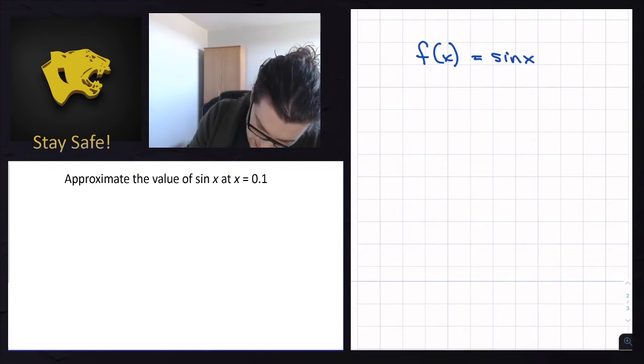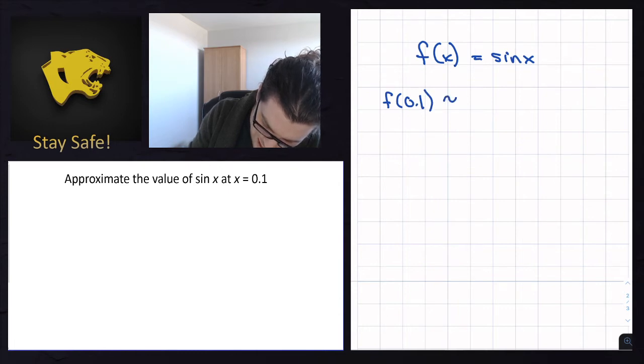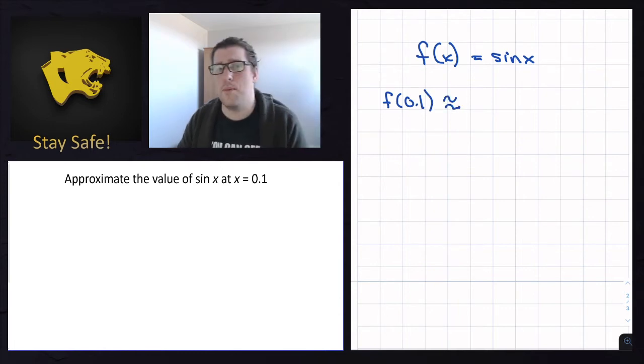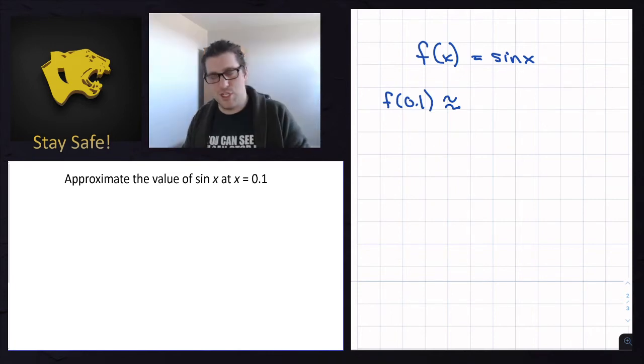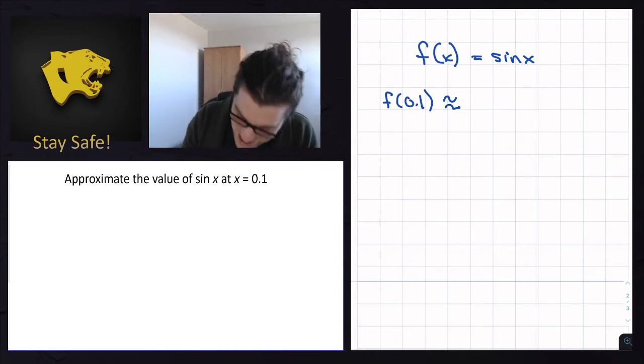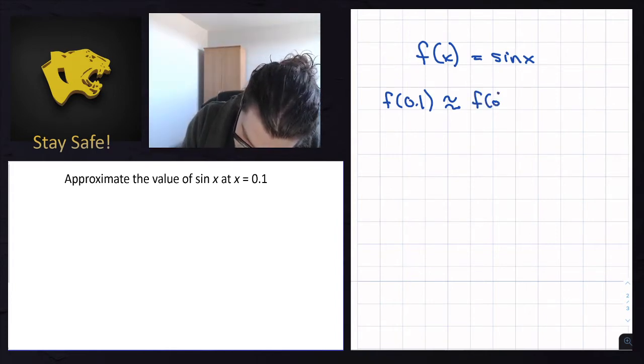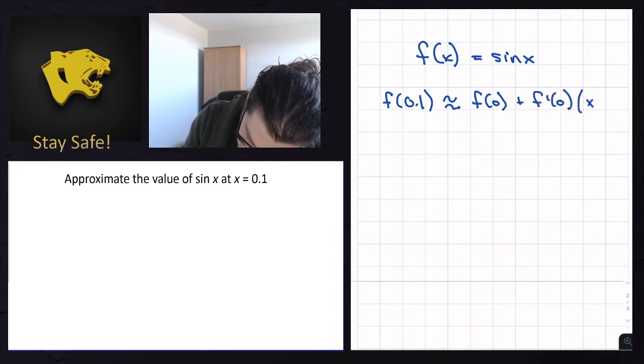So we're going to say that the value of f of 0.1 is approximately equal to, and we need to pick a value close to 0.1 that we're comfortable with the sine, the value of sine at that spot. It's really close to 0. We're comfortable with that. Sine of 0 is 0. So let's go ahead and say that according to what we just said, it was the horizontal location at that point we're comfortable with, which is f at 0, plus f prime at 0 times x minus 0.